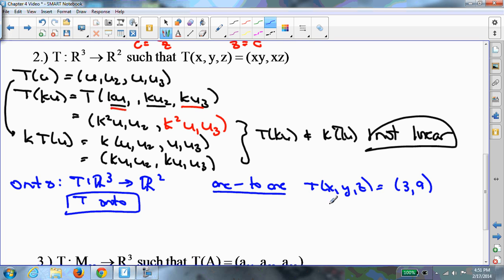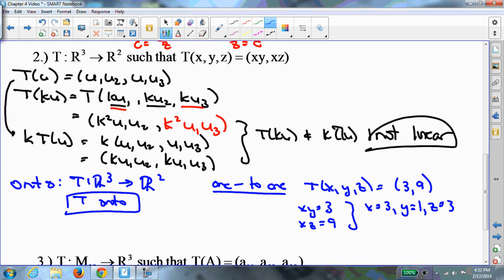Well, this would mean that x times y equals 3 and x times z equals 9. So for example, a possible solution would be something like x equals 3, y equals 1, and z equals 3, because x times y is 3 and x times z equals 9.